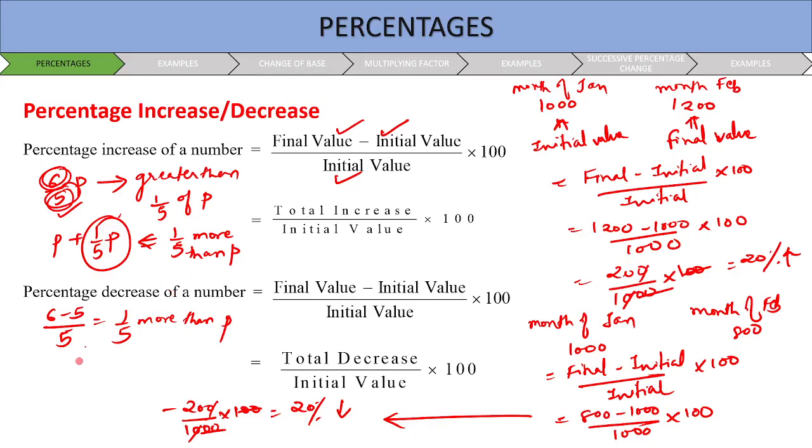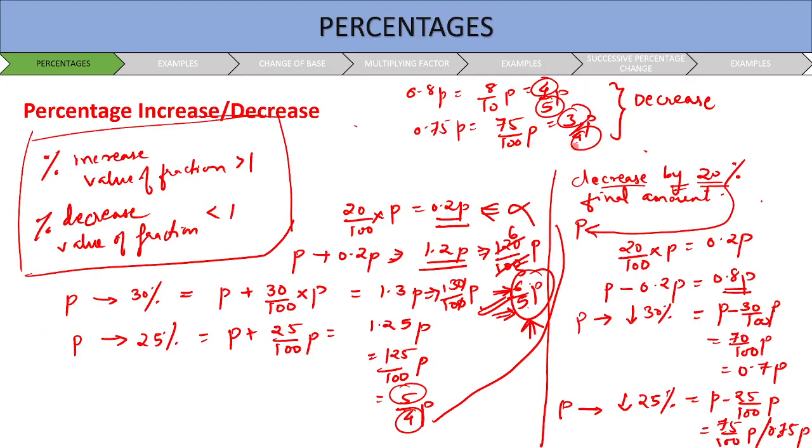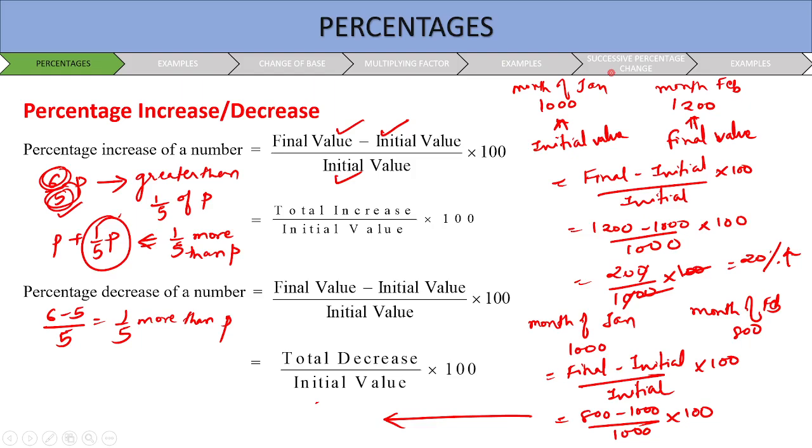Now, when we consider the percentage decrease, let's take the example of 4 by 5. In this, your numerator is less than the denominator. So this value is 1 by 5 of P less than P. How can we say that?